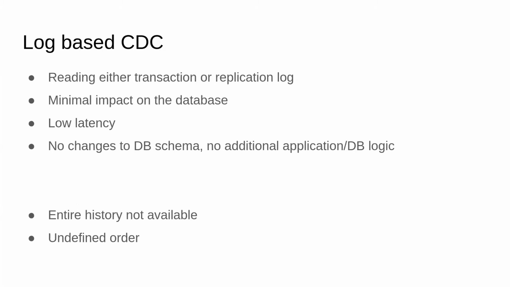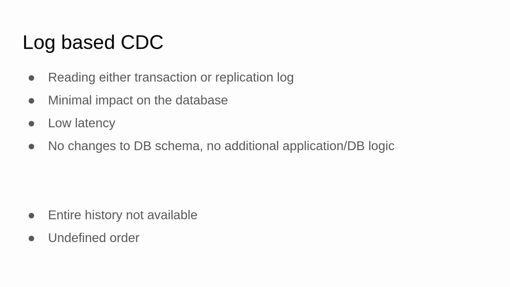So this approach is based on reading either the replication log or the transaction log, and it's usually easy to do because the database exposes this replication log for either backups or synchronous replication or other uses, and we can leverage this as well. Usually there is minimal impact on the database, similar to basically enabling replication on the database.